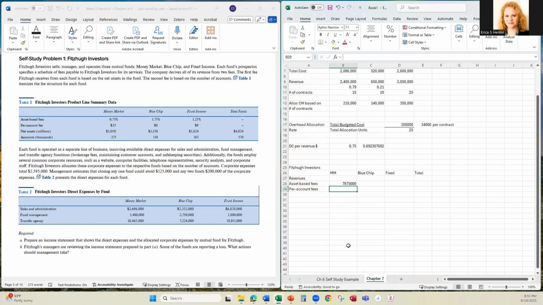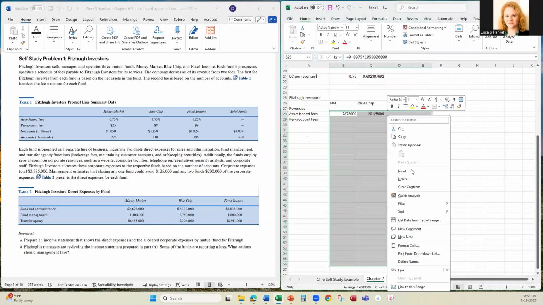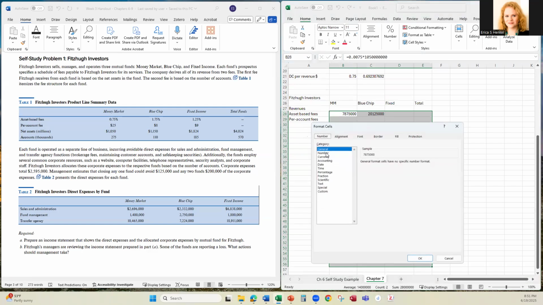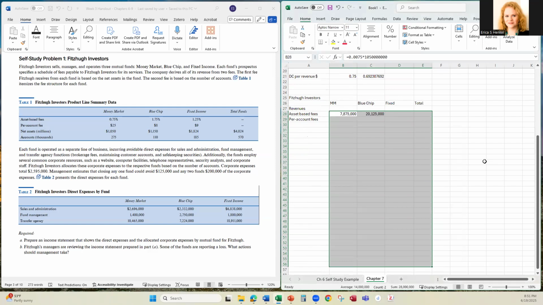Okay. And then for the blue chips, they have 0.0175 times... There we go. And I can already tell I'm going to need to put those commas in there. All right.